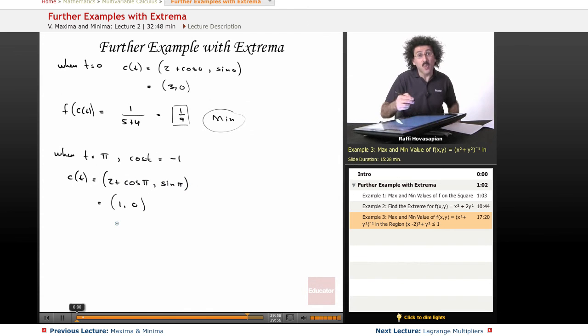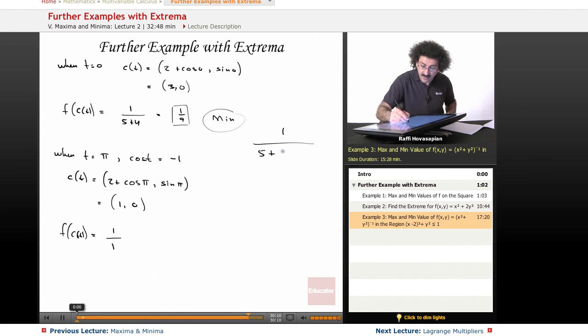Now when I put 1, 0 into that function, f of c of t is equal to 1 over 1. Because remember, we had 1 over 5 plus 4 times cosine of t.